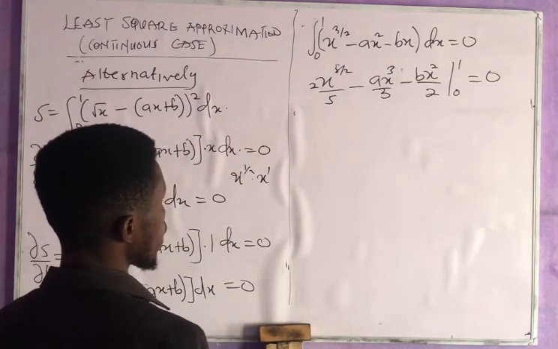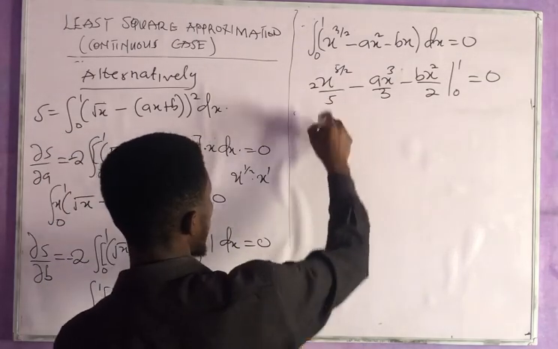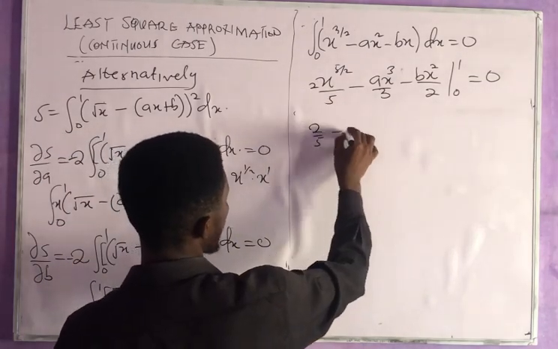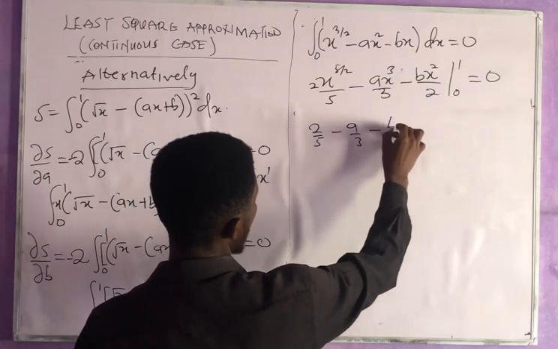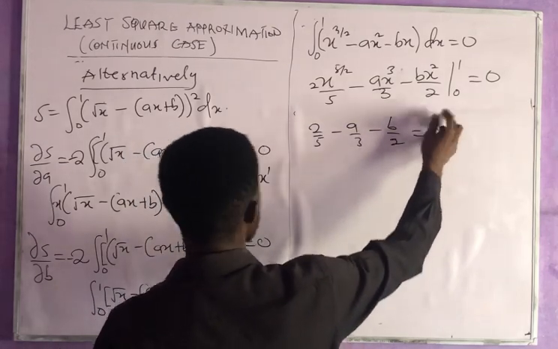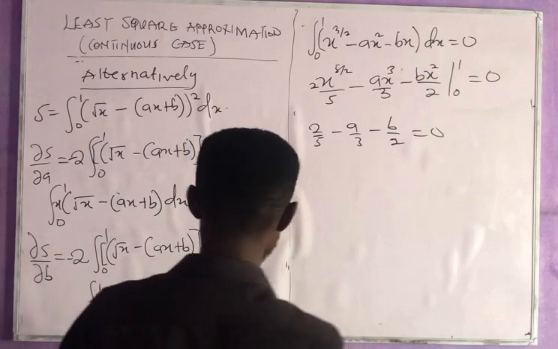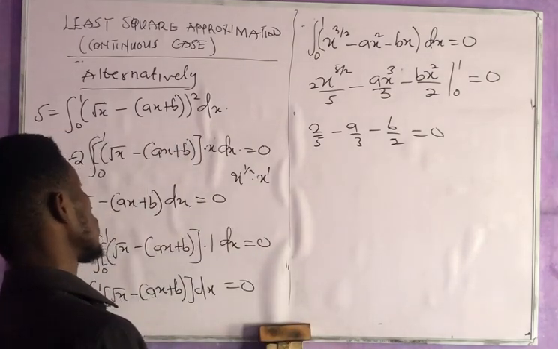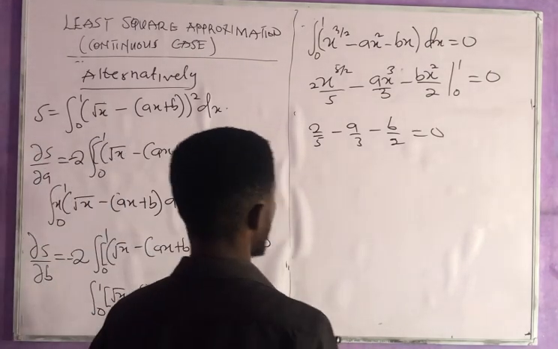So let's substitute the limits in. If I put 1 here, I have 2 over 5 minus a over 3 minus b over 2 equals 0. I don't substitute the 0 because if I put 0 there, I'll get everything to be 0. So that's why I'm just leaving this one.